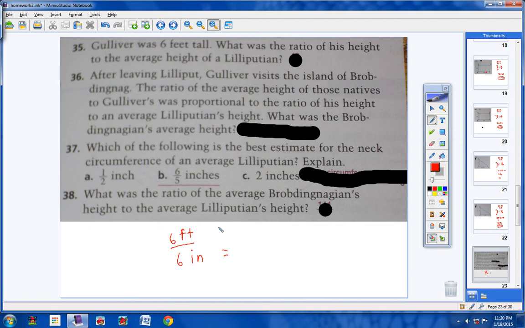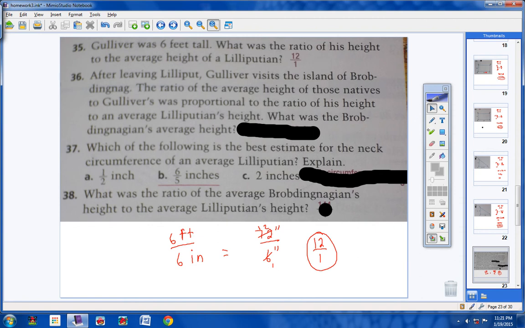And just so you know, students, you'll get the same answer. You can convert both of these to inches, or you can convert both of these to feet. You still get the same answer. 6 feet would be 72 inches. So I have 72 inches over 6 inches. Well, 6 goes into both of those numbers. So I end up with 12 over 1 or 12. But I prefer 12 over 1. So my ratio would be 12 over 1.